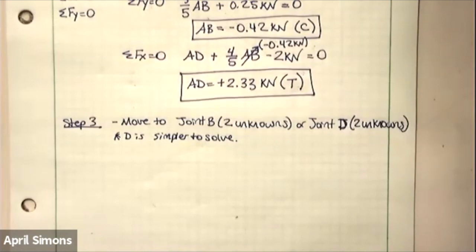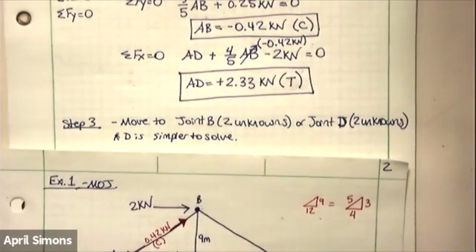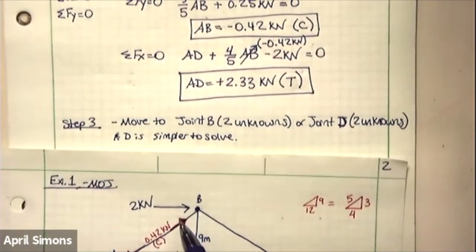So I had a question about the arrows. Arrows going away from joints indicate tension. Arrows going toward the joints indicate compression. So when we look at the free body diagram of joint A like we did, we showed that AB was in tension.